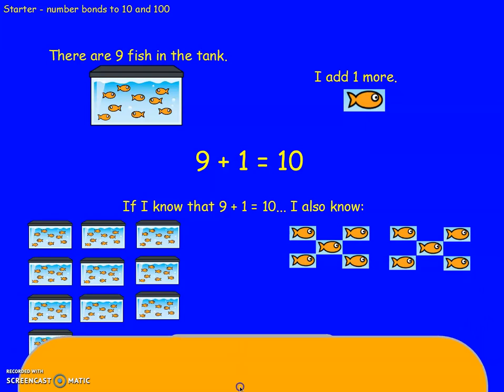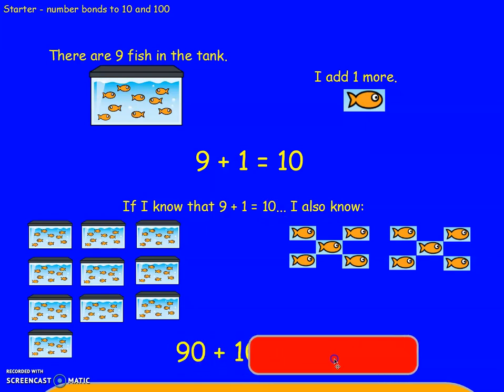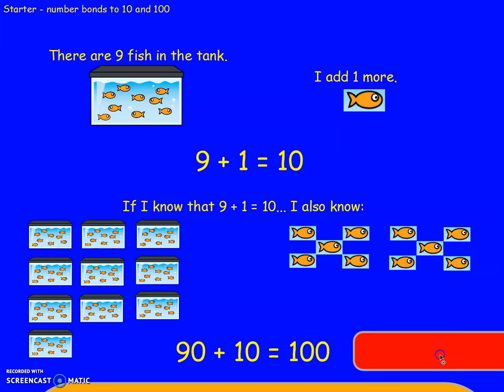If I know that 9 plus 1 equals 10, I also know what number this would represent. So we've got 10 lots of this tank and 10 lots of fish. So if you know that 9 plus 1 equals 10, you also know that 90 plus 10 equals 100.